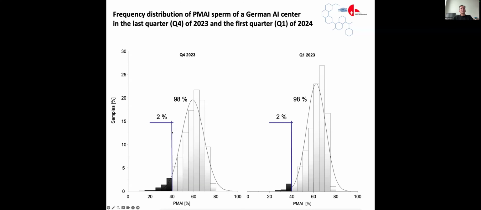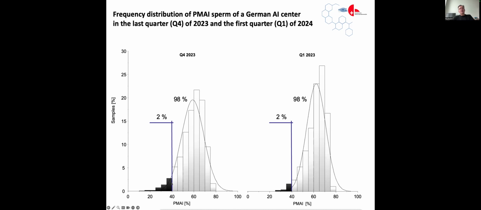And what you see here is the frequency distribution of the plasma membrane integrity of the sperm. Normally we have a cut-off value of 40%.